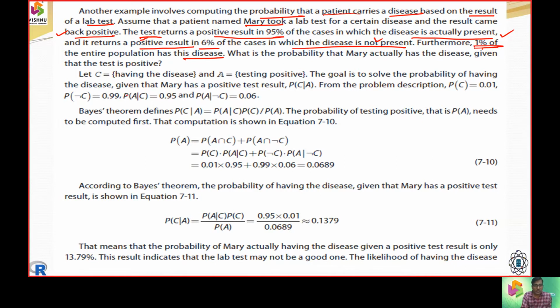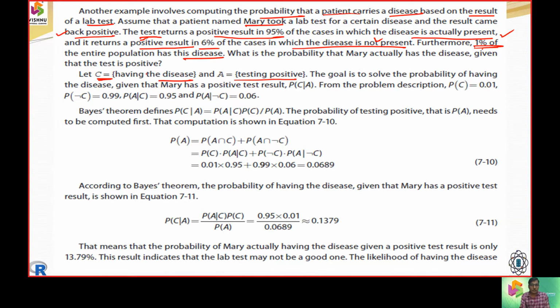Now let us see this scenario. C is having the disease, and A is testing positive.